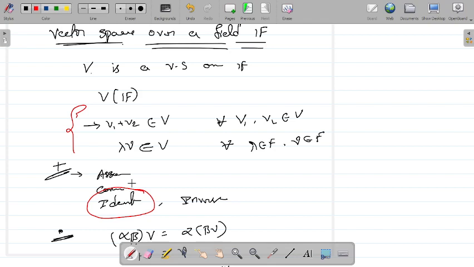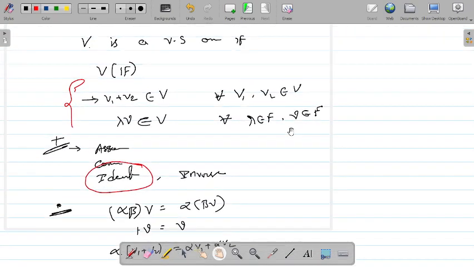But if you define a new kind of addition, there the identity element may differ. It may not be 0, it may be something else. Mostly for the standard addition, 0 is the identity element. So these are the three things we look for first.